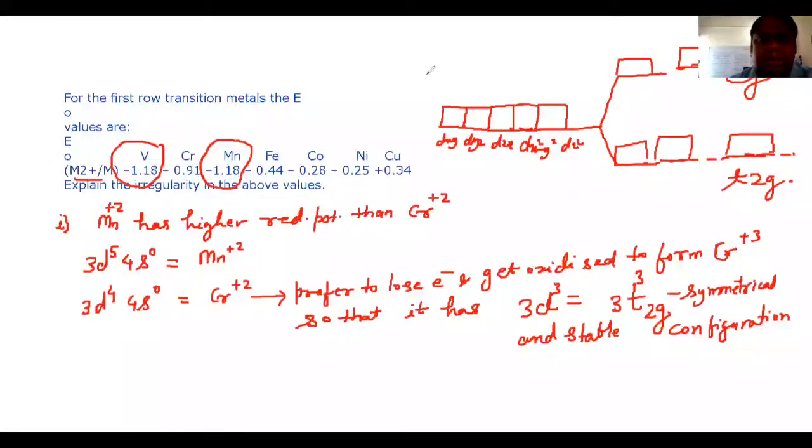So if it has 3 electrons, it will be stable. So it will prefer to lose electron. But in case of Mn, d5 is quite stable.